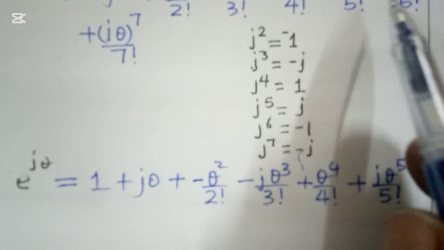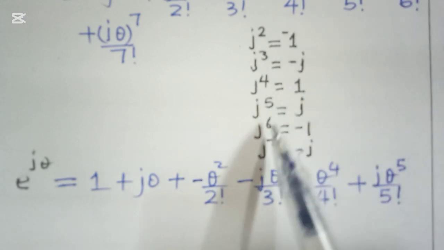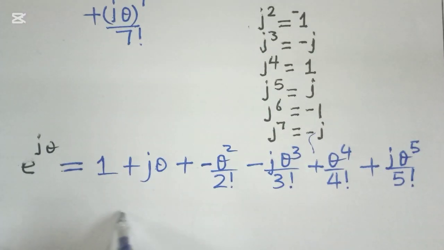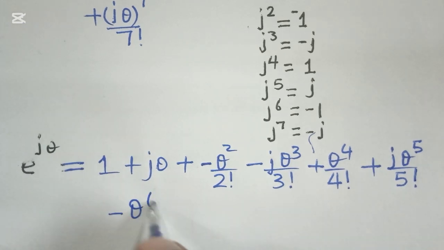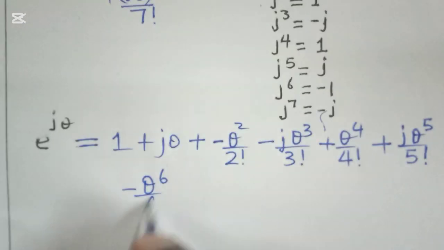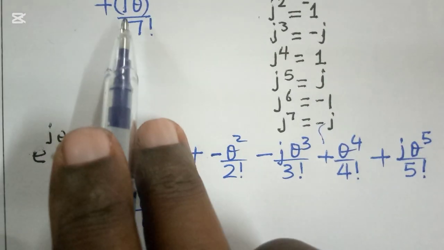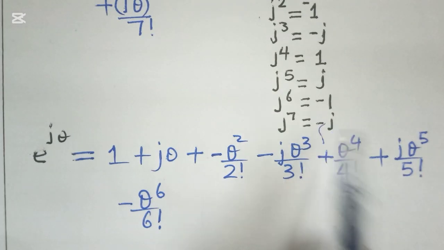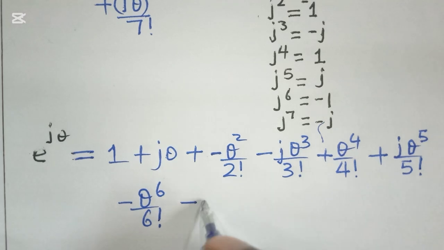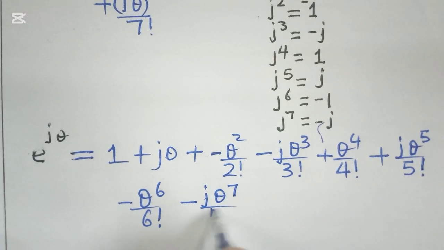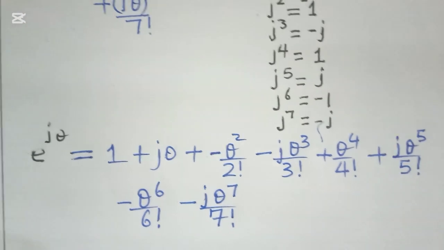So for 6, it shall have negative 1, which is negative theta raised to 6 all over 6 factorial. And for 7, j to the 7 is negative j, so negative j theta raised to 7 all over 7 factorial, like that.